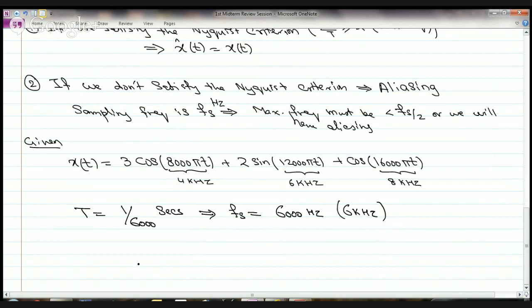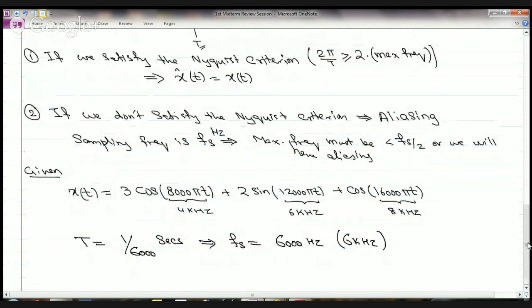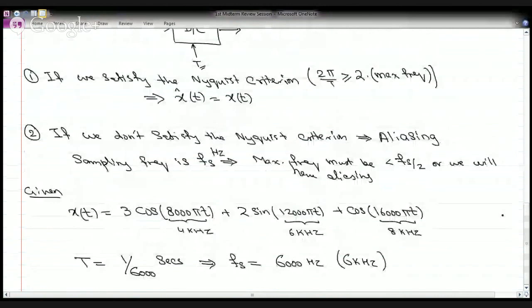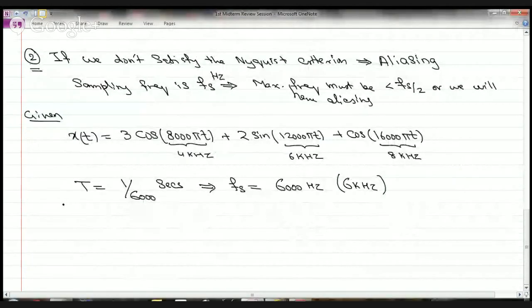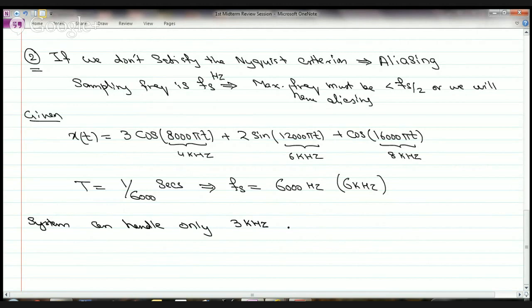So if my sampling frequency is 6 kilohertz, the question is, do I belong to the first case, this one, or do I belong to the second case, the aliasing one? And the answer is that, if my sampling frequency is 6 kilohertz, the system can handle only 3 kilohertz maximum frequency.